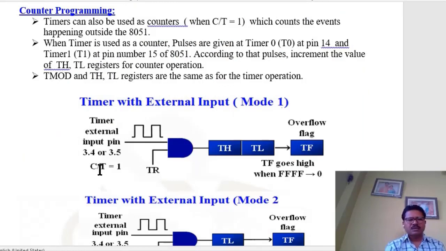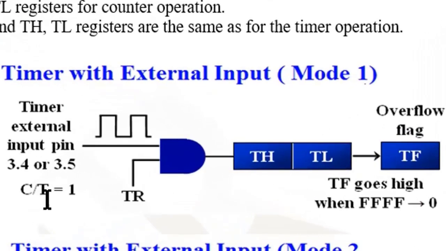What is happening here? First, C/T is that bit in the TMOD register. So this C/T should be set as 1. Now we may use any pin, P3.4 or P3.5. When the input signal is coming here, at pin 3.4 or 3.5, and if the timer run bit is 1, and this is an AND gate, if the timer is 1 then this input is totally logic 1.